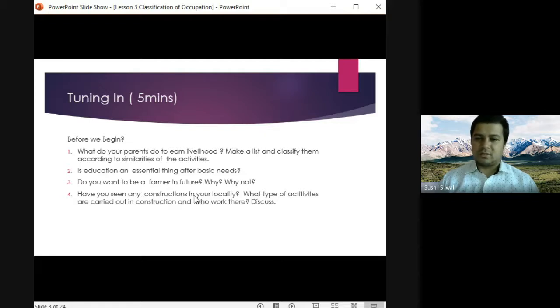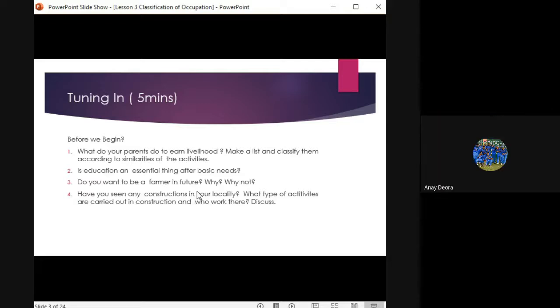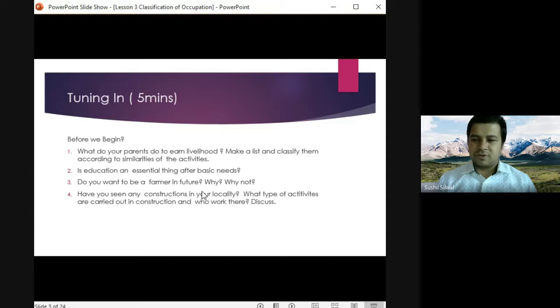If your camera is on, even when the presentation is going on, with your eyes we can understand what you're thinking, what you're concentrating on, right? And you also can see me looking at the students' faces, isn't it? The time has ended. We're trying to finish this, but people are taking more time. At least this tuning in of this topic, we have to finish it today.